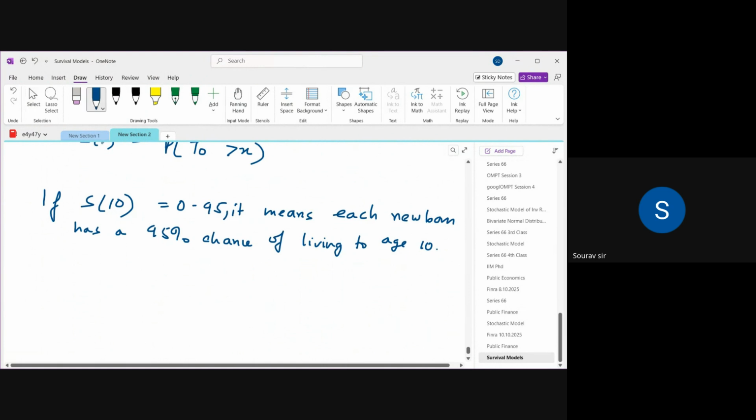Independence assumption and binomial model.